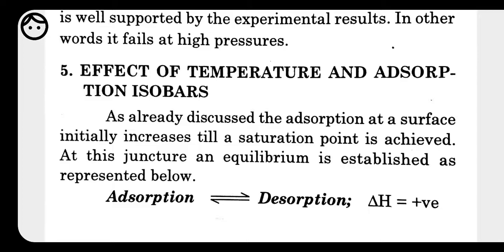It means that whatever substance is adsorbed over the surface, some amount of energy is released, which is called the enthalpy of adsorption. So on increasing the temperature, if the reaction is exothermic, the process of adsorption decreases, isn't it?